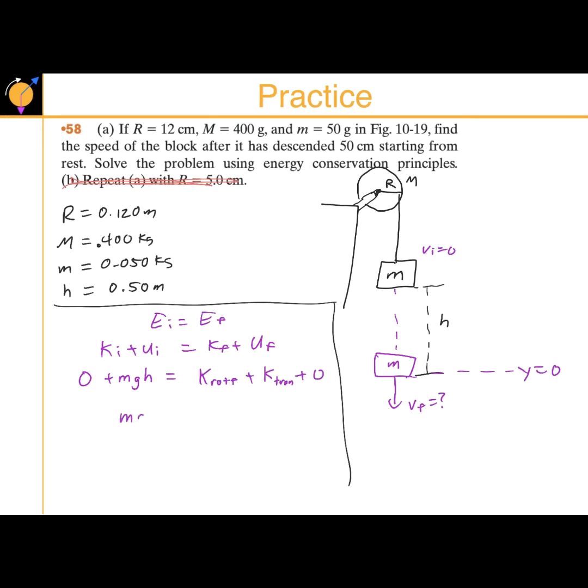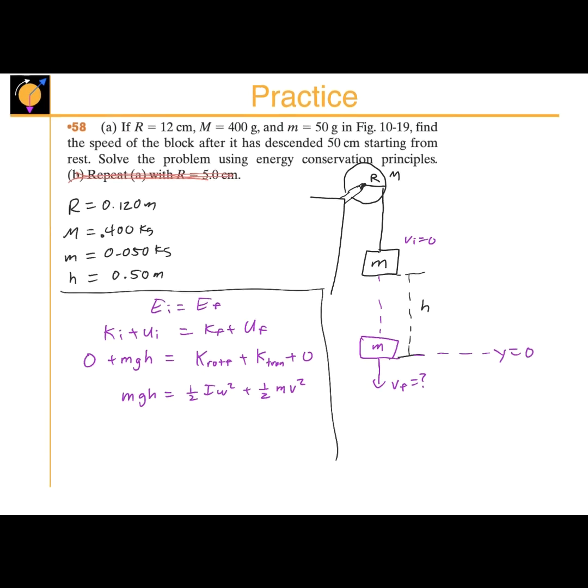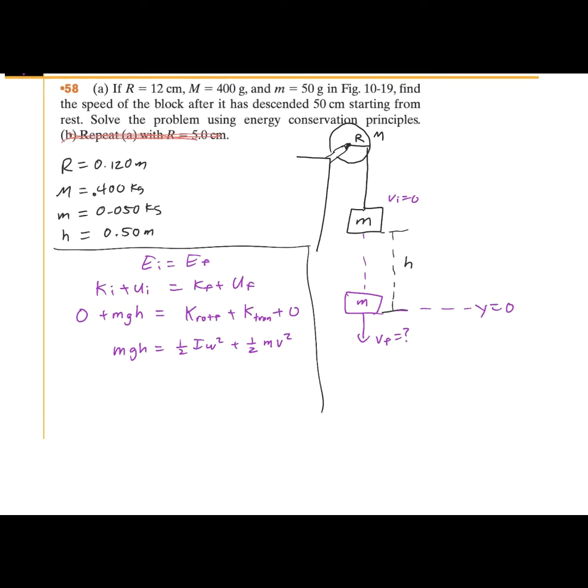So now we have mgh equals 1/2 I omega squared plus 1/2 mv squared. There's a relationship between omega, the rotational velocity, and the velocity: omega is just v over r.